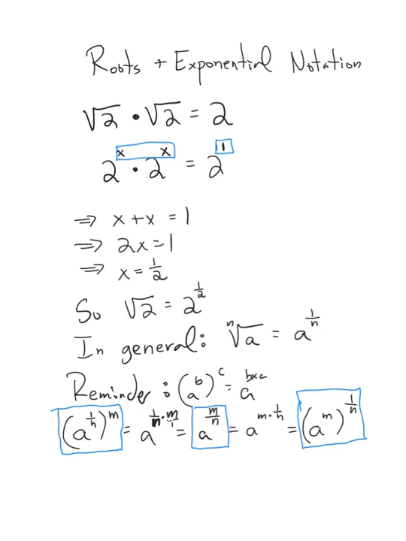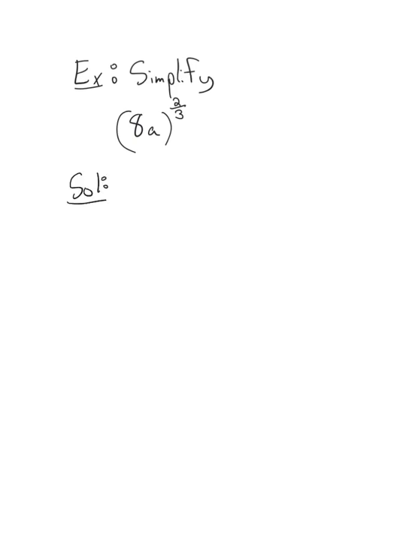So let's do a quick example to see how this works. Let's simplify the following. Let's do 8a to the 2/3. Okay, so let's split that up, and we'll look at the a and the 8 separately.